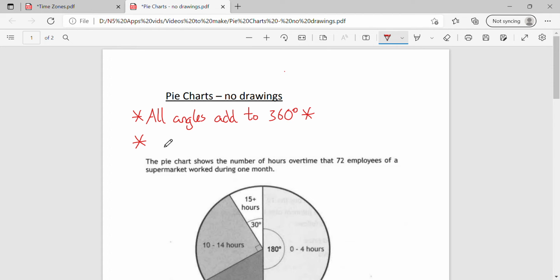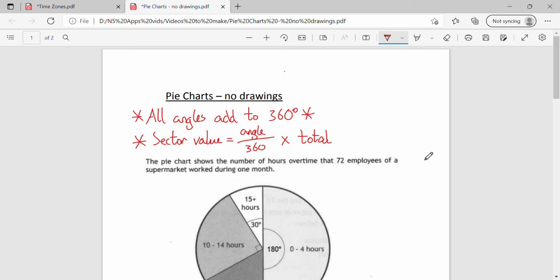So to find a value for a particular sector, we take the angle for that sector, divide it by 360, and then multiply by the total. Sometimes we might have to do that without a calculator, so we'd have to simplify the fraction before multiplying, but those are the two basic facts that we need to make sure we know about pie charts.